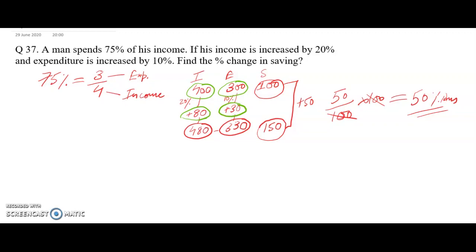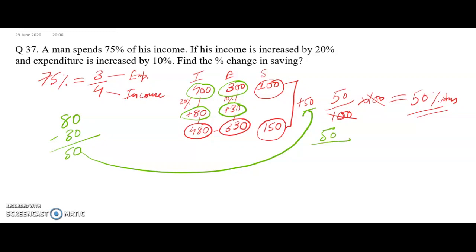So whatever was increased, we will take the difference. 80 minus 30 will give us 50. So we can see here, this 50 is directly the increase in the savings. So we can directly say 50 divided by the old savings, which is 100. So we can say 50% directly.